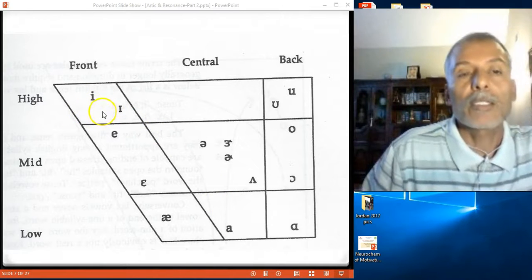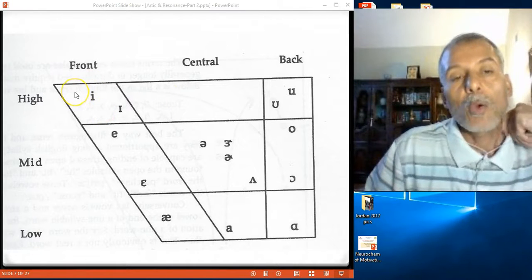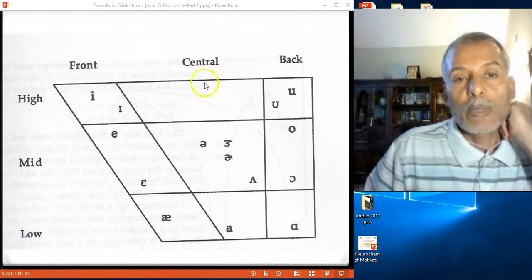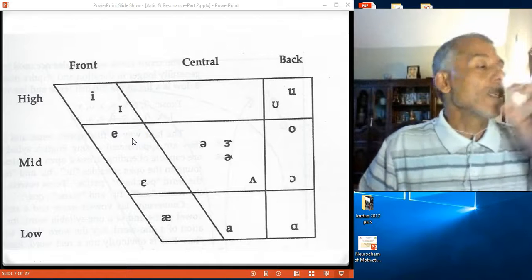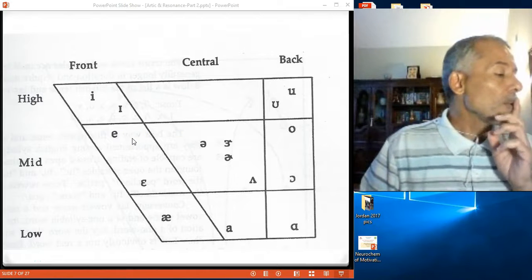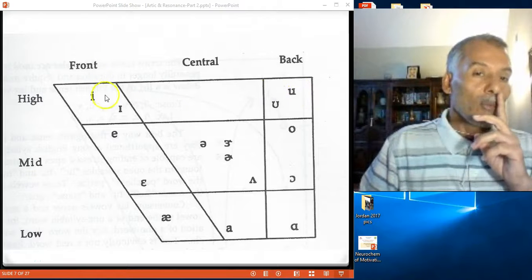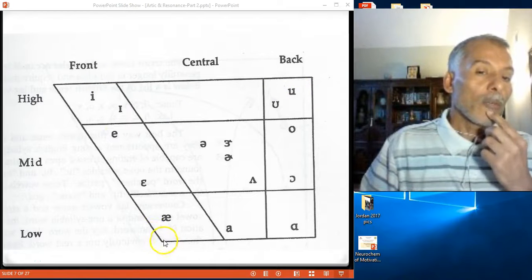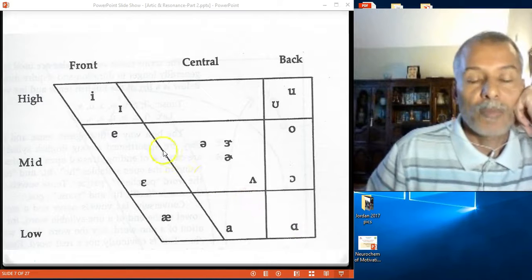So let's look here and describe these sounds. This is called the quadrilateral, and we explained in class what it means. It is the space available in the oral cavity, from the lips to the back, and when you go down, from the floor of the mouth to the back of the oral cavity.